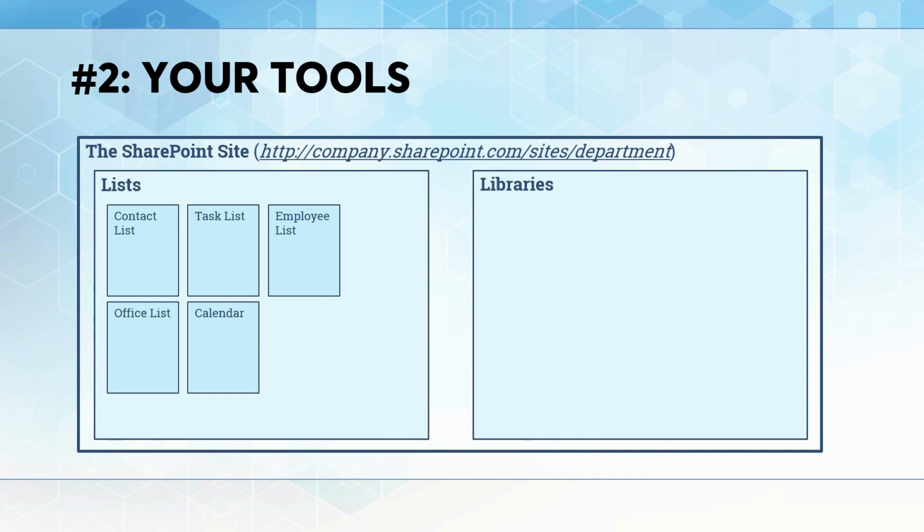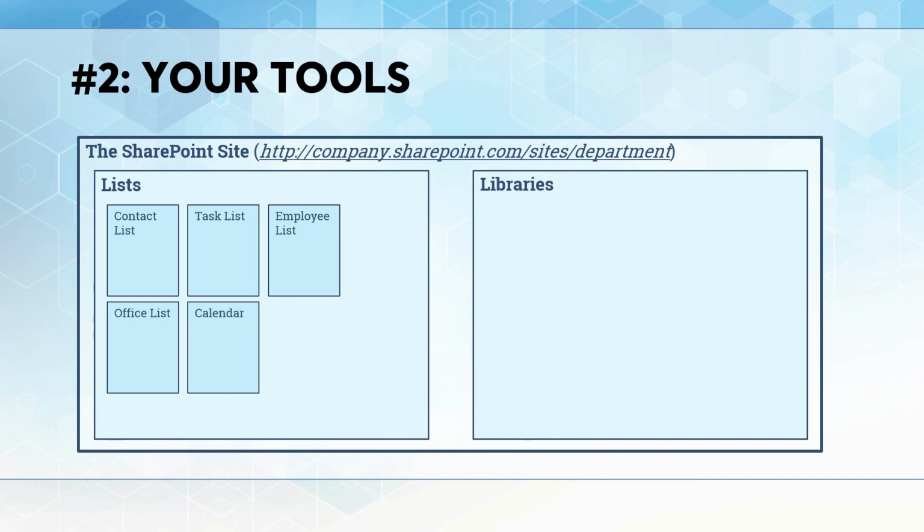And there's other things that are lists too that you don't normally think of as being lists, like calendars are really just lists of things that happen on dates and times, right? So a list is a list, right, of different entries. And this could be literally any type of entry that you can imagine. Contact lists and task lists, those sort of make sense because you use them all the time in your Outlook.